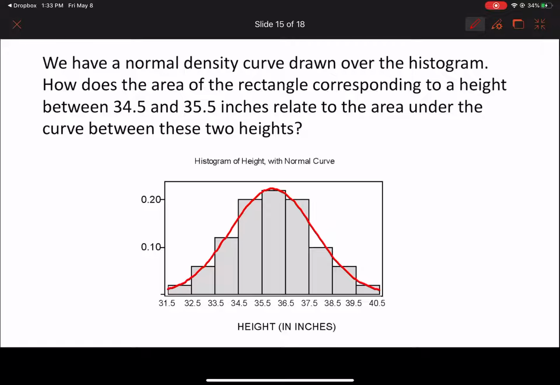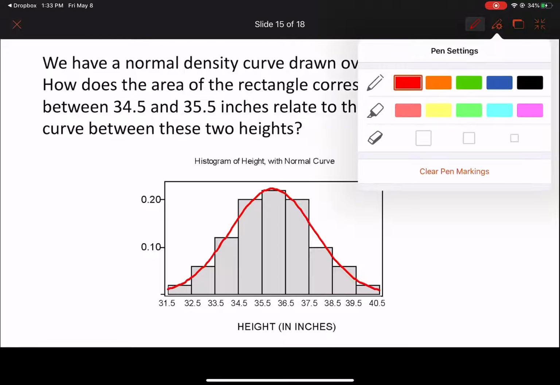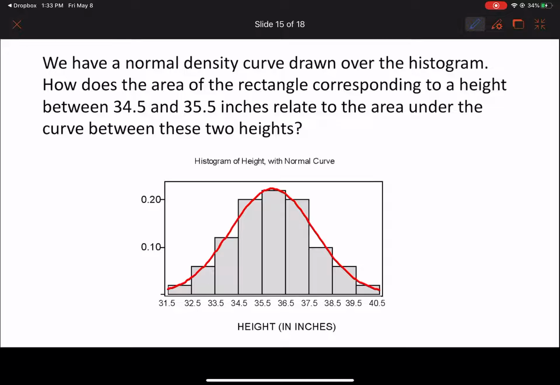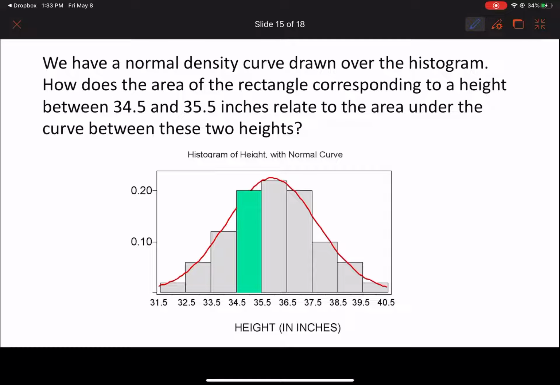So what we're going to look at now is the area of the rectangle corresponding to the height between 34.5 and 35.5. So take a look at this rectangle right here. How do you think the area of that rectangle corresponds to the height here?